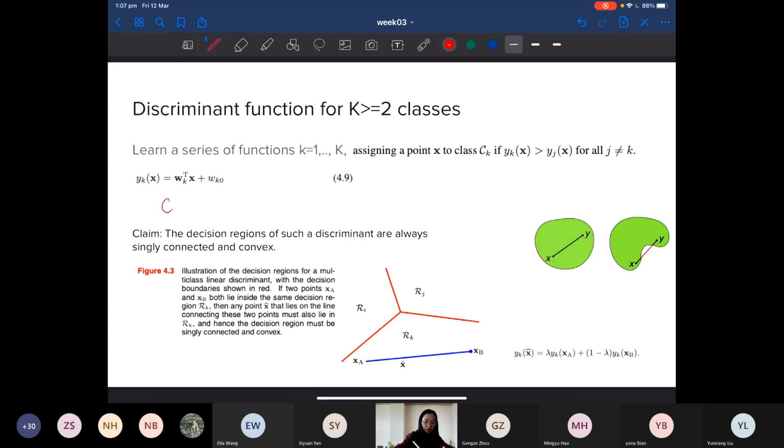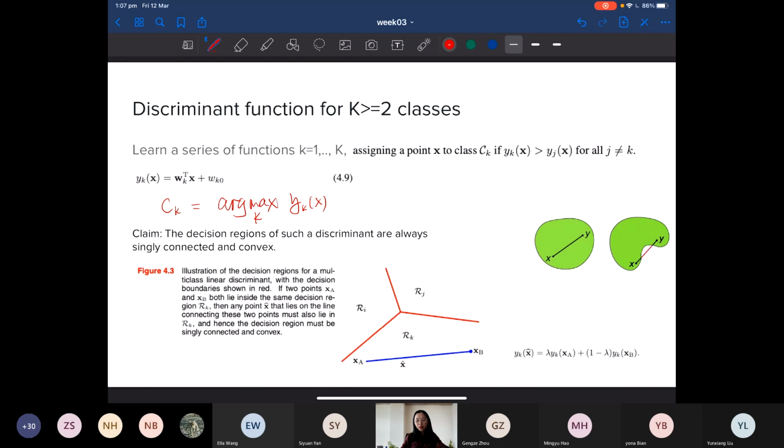The decision class label is found by looking over all of the linear discriminant functions and just picking the largest. In fact, this is what's in use today in neural networks and many other things. Furthermore, the claim is that the decision regions of such a discriminant are always singly connected and convex.